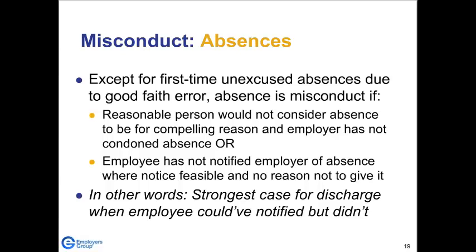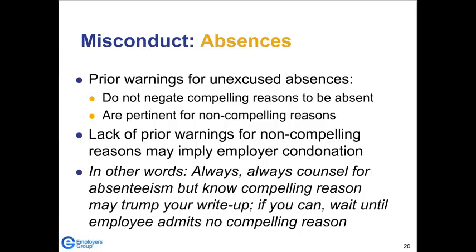Prior warnings for unexcused absences do not necessarily negate compelling reasons to be absent, but they are pertinent for non-compelling reasons. So in other words, in these particular situations, even those of you with point systems for your attendance, if you tell employees that they are not to be absent from work more than 10 instances or something along those lines, and the employee is on their 10th instance, but that 10th instance is for a reason that stems from their child being violently ill and having to take them to the hospital.